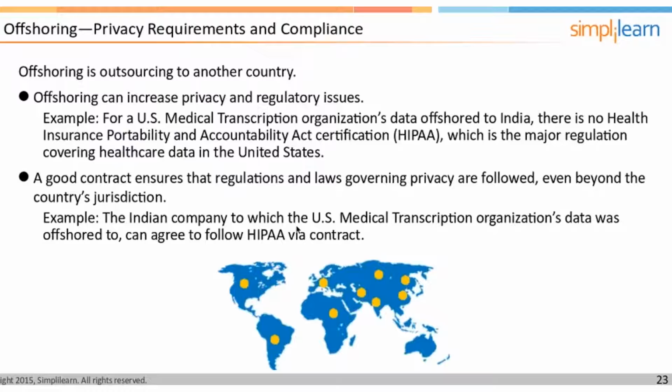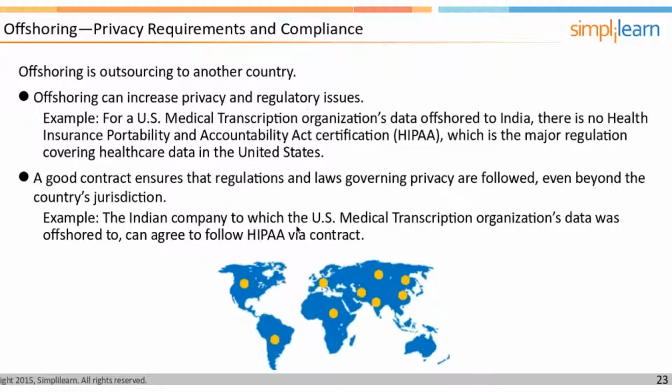We'll talk about HIPAA later on in a little more detail. But basically, what HIPAA talks about is protecting the patient's health information, and there are certain controls to that. So a U.S. company offshoring that work to a company in India is a problem, because in India we don't have HIPAA or similar laws.